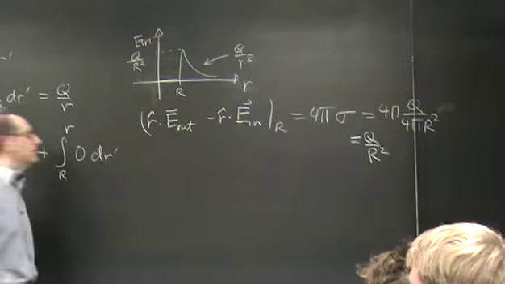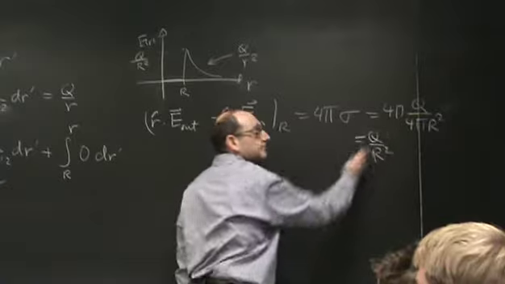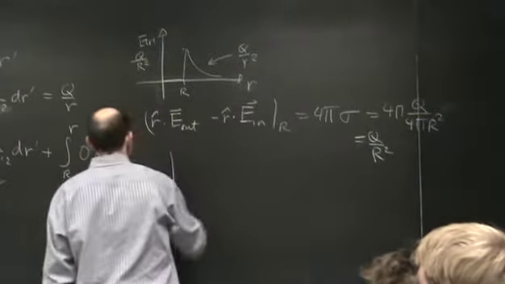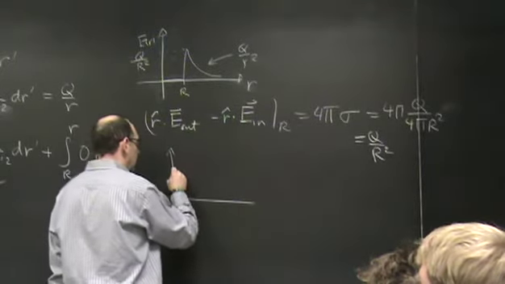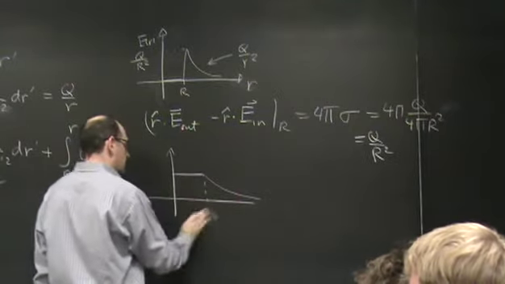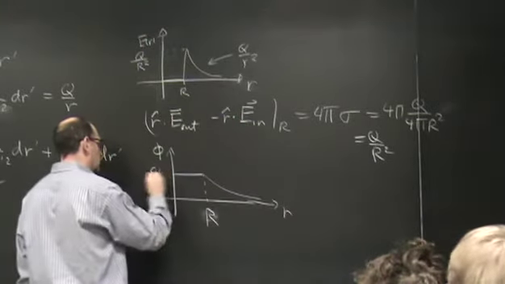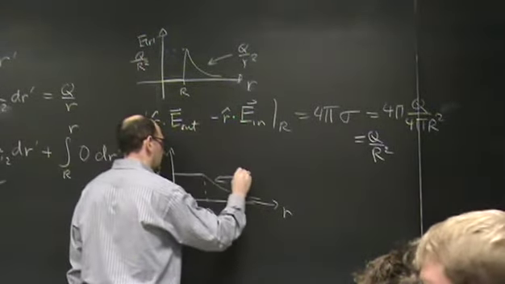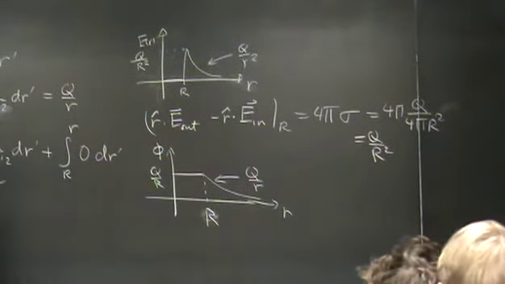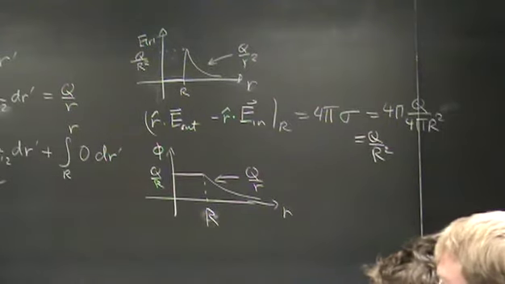Inside is 0, outside it's this. And the potential thus is constant inside the sphere, and then falls off.